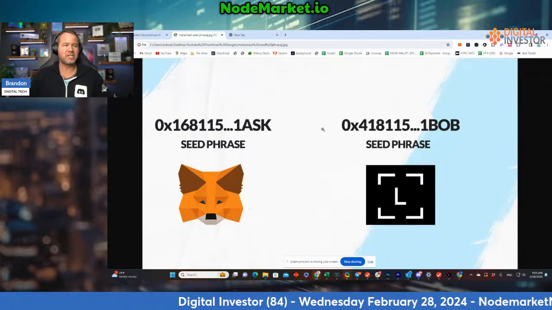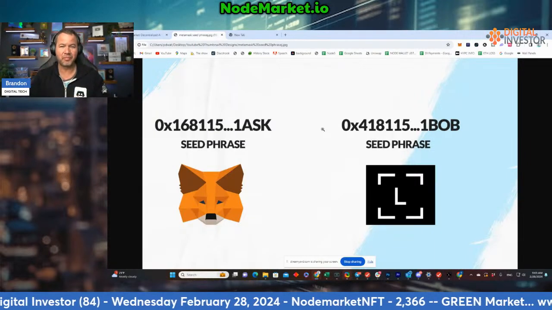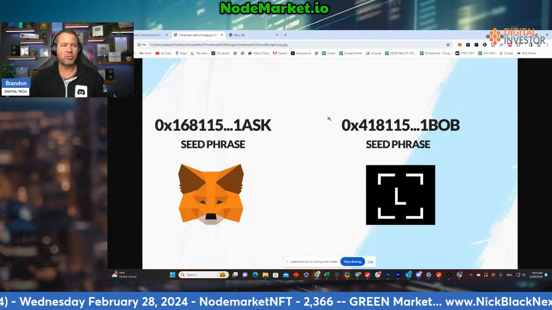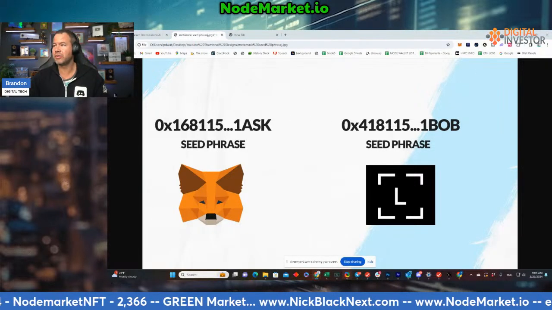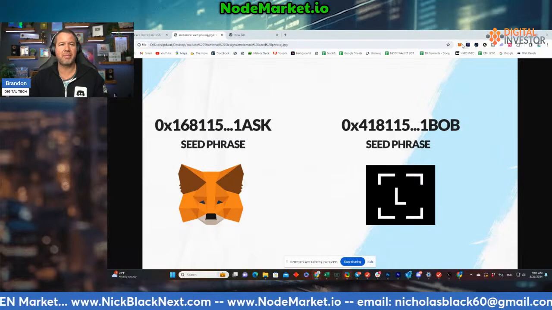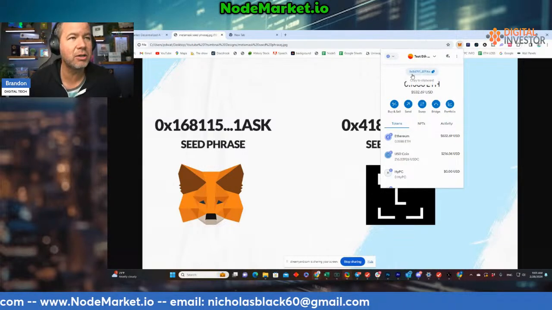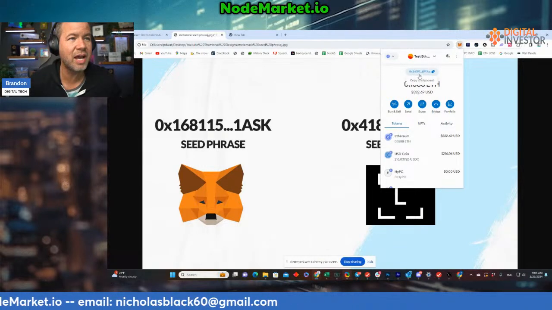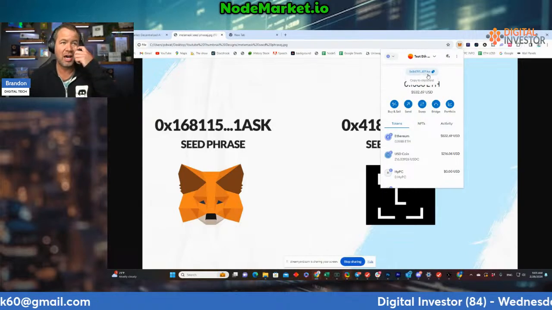A couple of questions I'm going to ask here. Number one, if I create a MetaMask account, this one is 0xb4797... and the ... isn't part of the address.